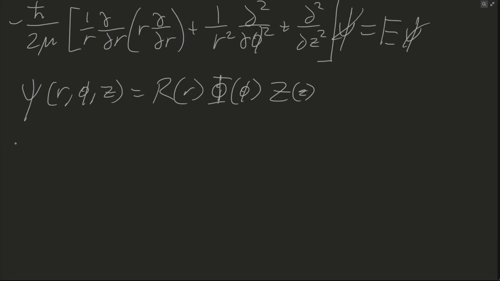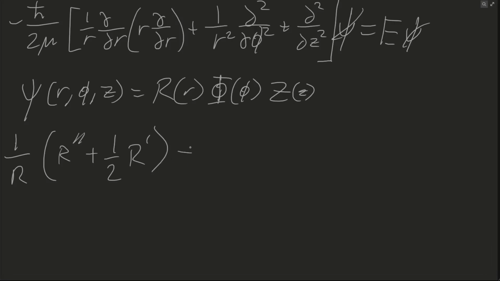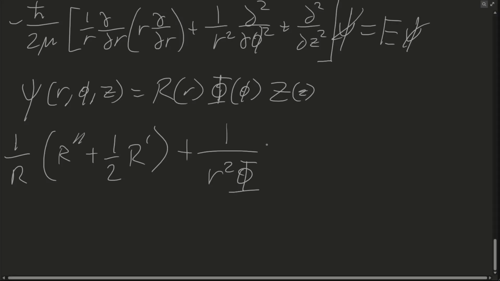And we get that 1 over R, R double dash, I think R double dash should be fine since we know what R is, plus 1 over R, R prime, plus 1 over r squared times our big phi, big phi.